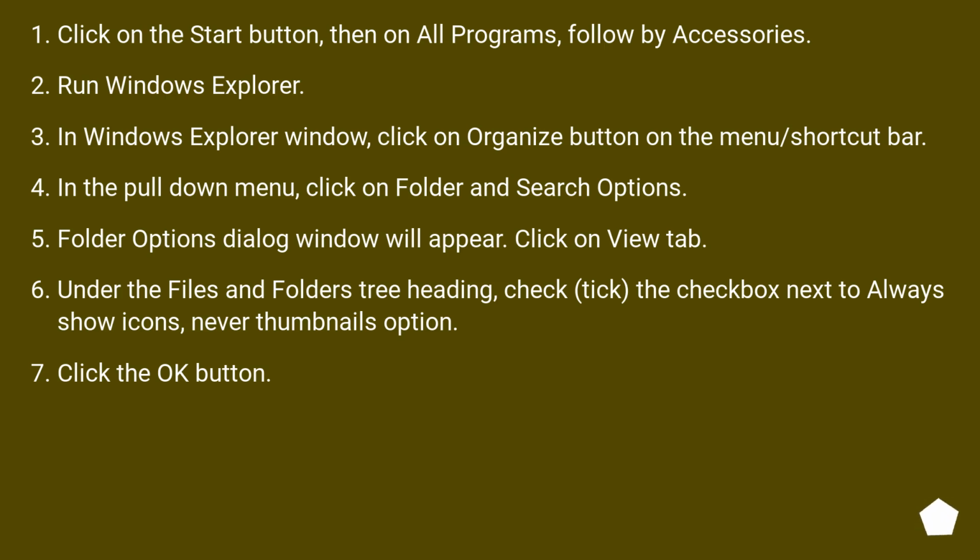In the pull-down menu, click on Folder and Search Options. The Folder Options dialog window will appear. Click on the View tab. Under the Files and Folders tree heading, tick the checkbox next to Always show icons, never thumbnails option. Click the OK button.